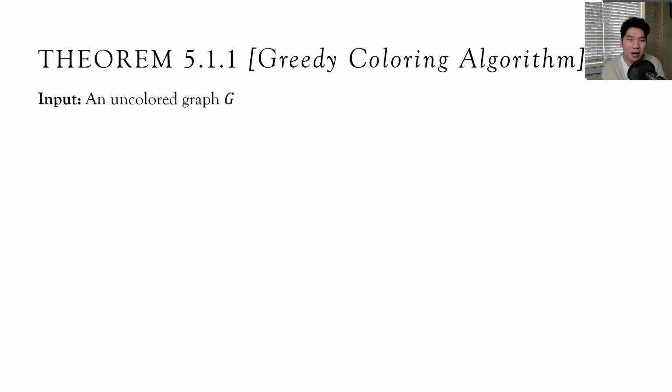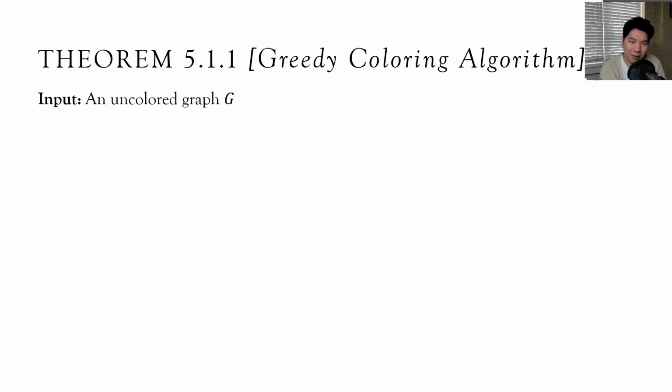If you recall back a couple of chapters ago, greedy algorithms were these locally optimal, unsophisticated heuristics, meaning that they were best locally and may not be the best or most optimal or efficient solution. So this greedy coloring algorithm is actually going to give us a way to find a very quick, proper coloring. And hence, by finding a proper coloring, it gives me a quick upper bound for the chromatic number.